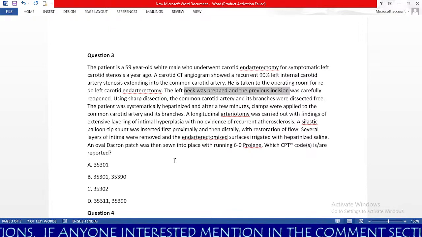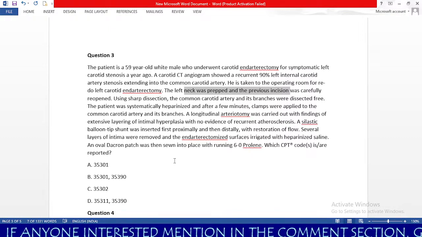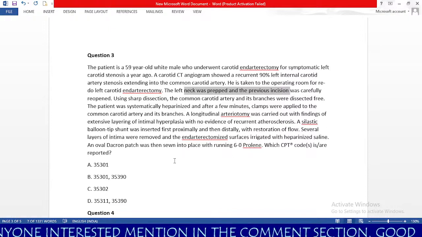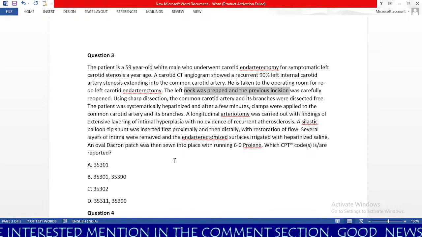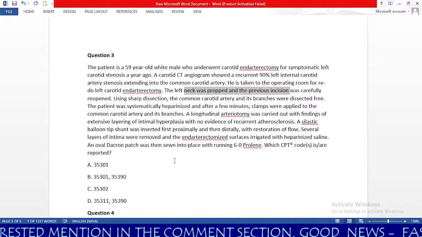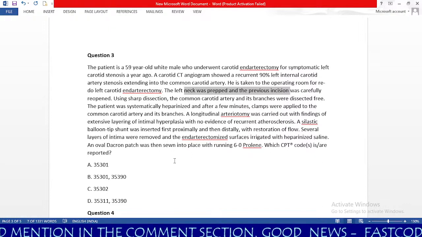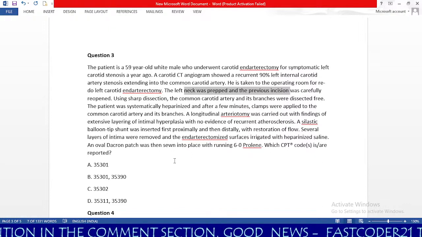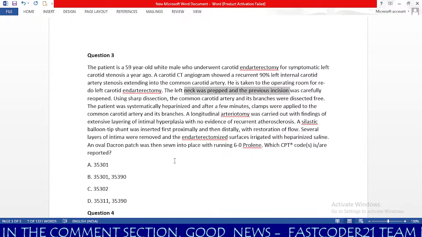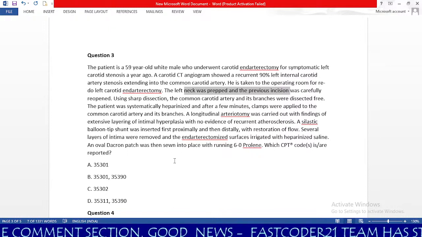So in our scenario, the patient had an endarterectomy 1 year back, so we can code this one. Here we need to code 35390 also along with 35301.